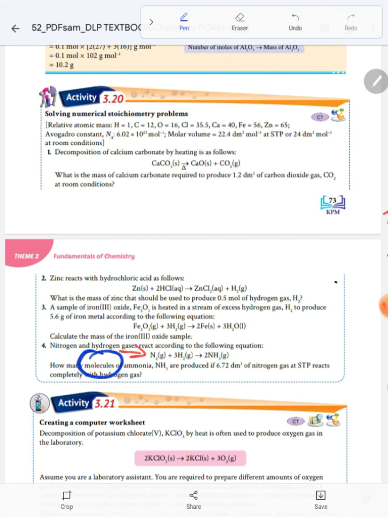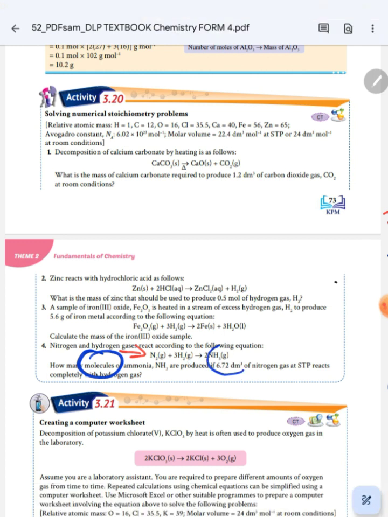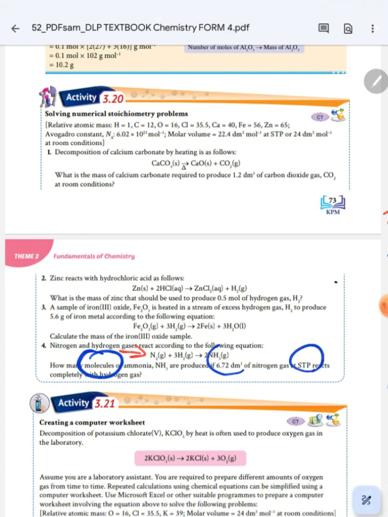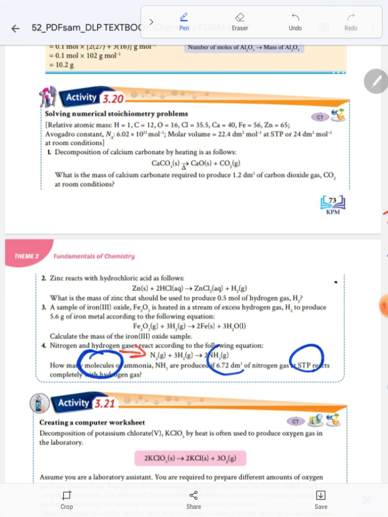Molecule is a type of particle. They give you the volume of nitrogen gas at STP, reacting completely with hydrogen gas.